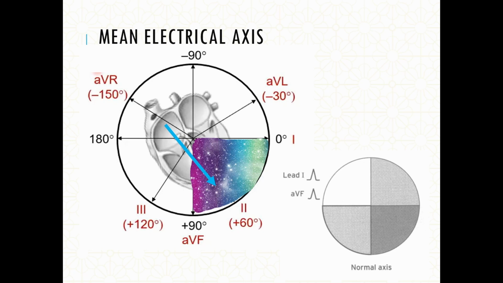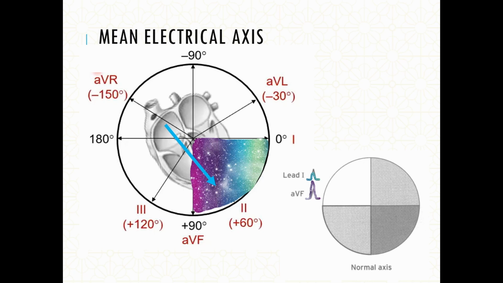So I would expect AVF to have a really big spike compared to lead 1 having a smaller spike. The amplitude would be greater in AVF because the electrical activity is going closer towards that lead than it is to lead 1, which will have a lower amplitude.